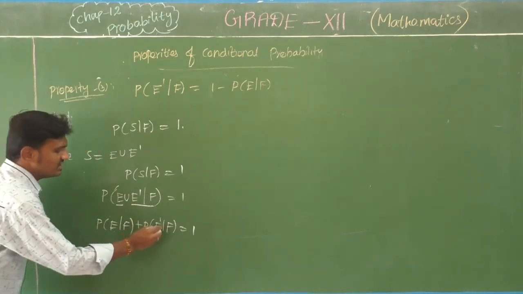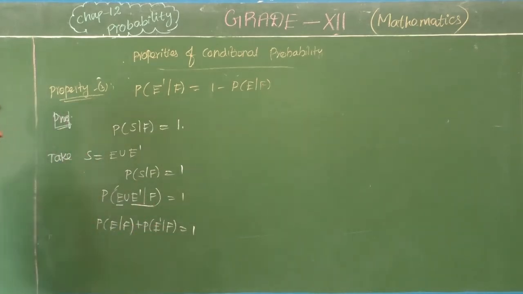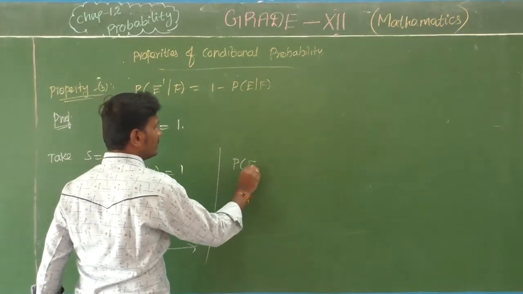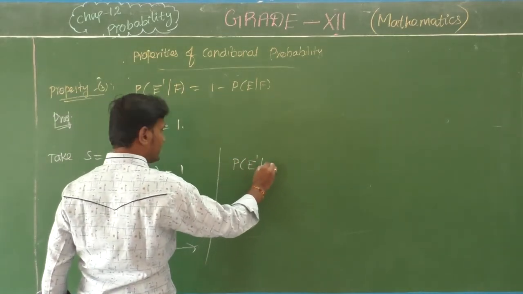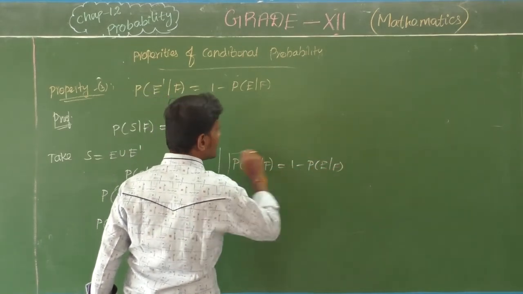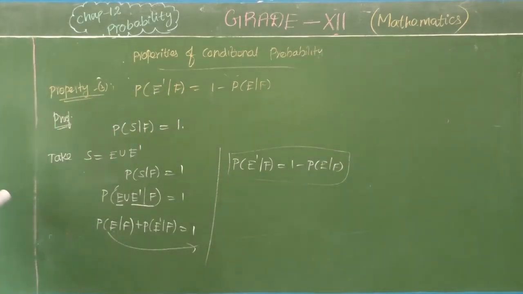Why did we do it like this? Because these two are mutually exclusive events. So P of E union E bar by F is equal to P of E by F plus P of E bar by F. That's all. Here I need this one, so I move it and it will come as P of E bar, I mean E dash, by F, which is equal to 1 minus P of E by F. That's it. So this is the third property you are going to use.